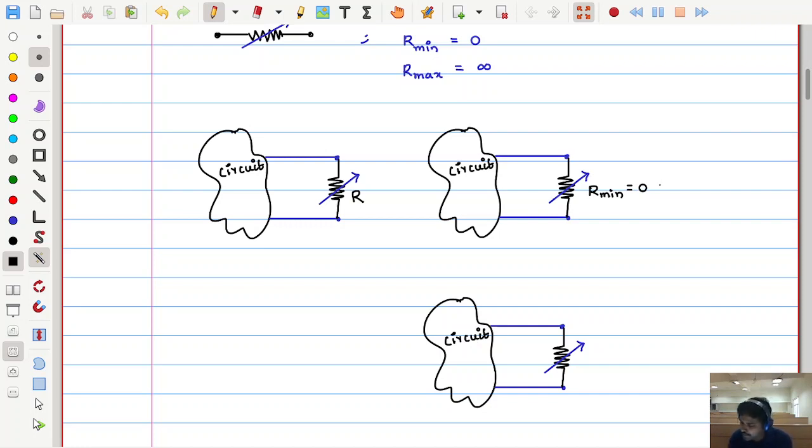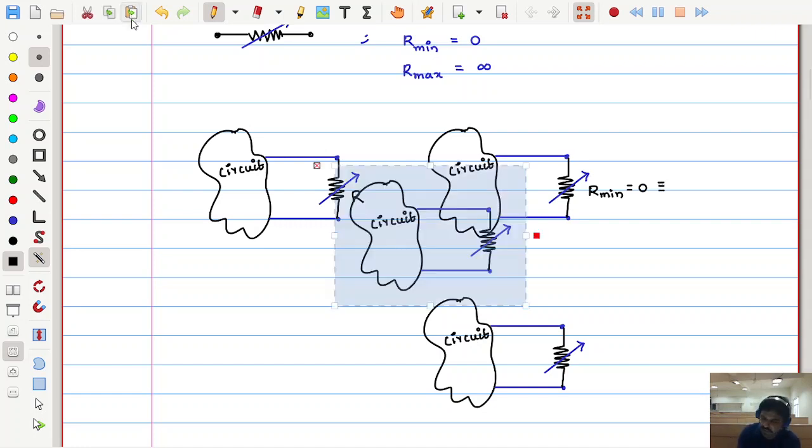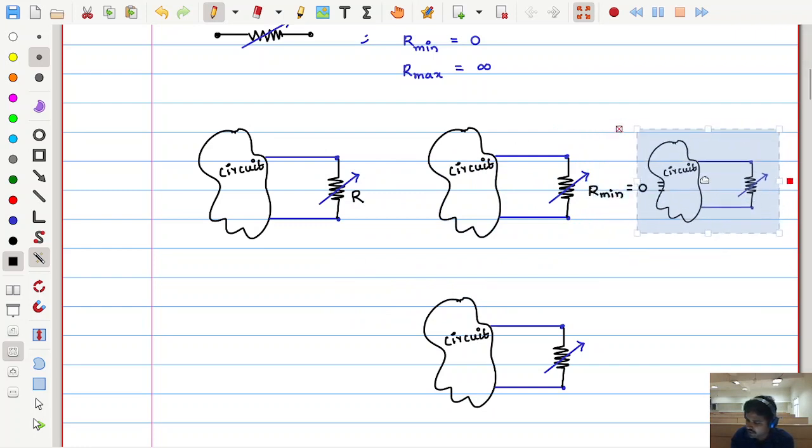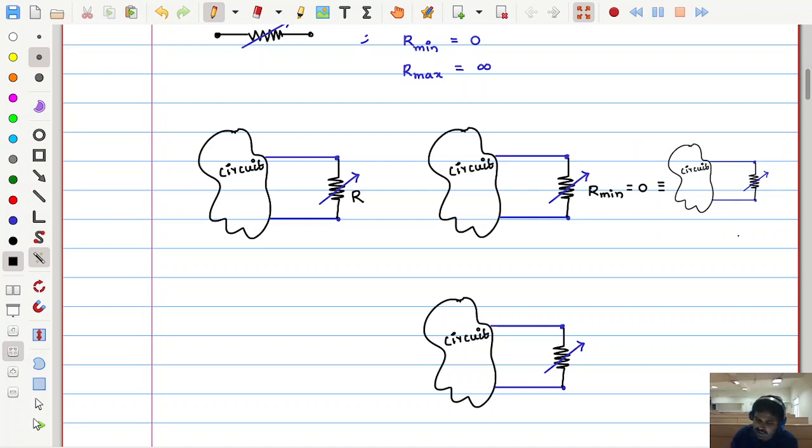What does this minimum value represent? Zero resistance means a simple conductor, an ideal conductor, like this.